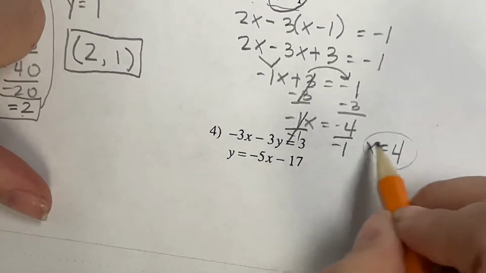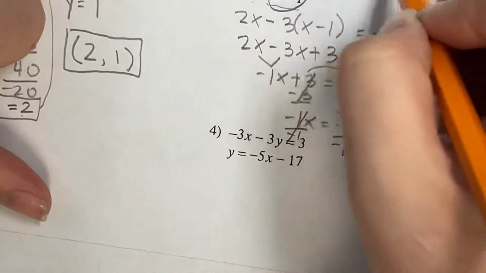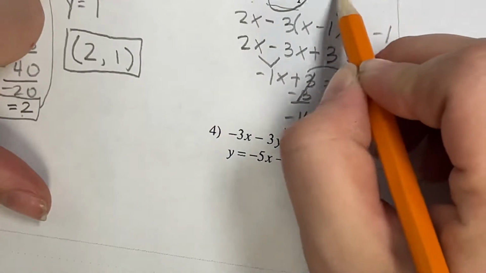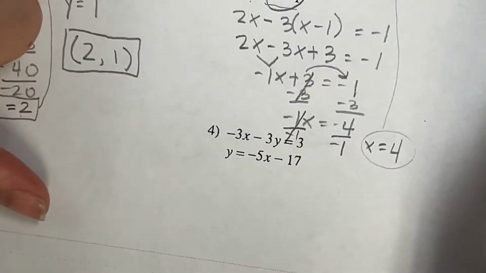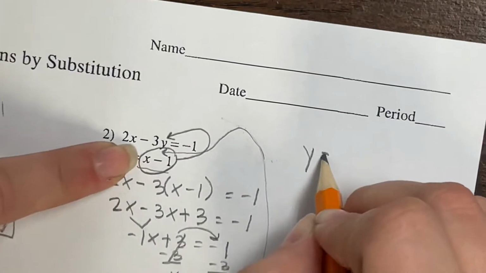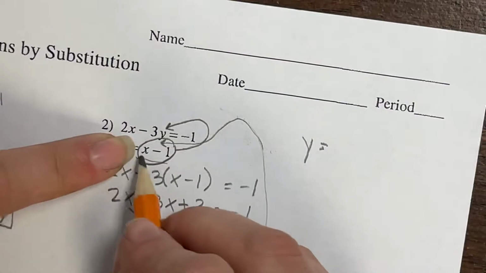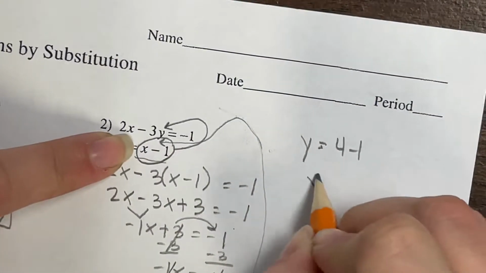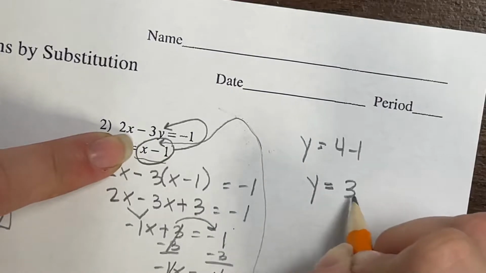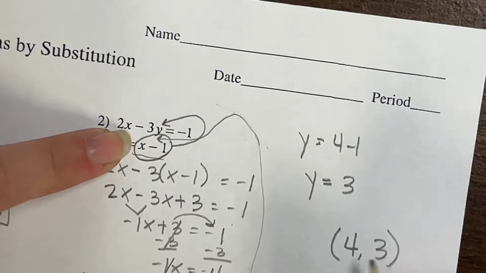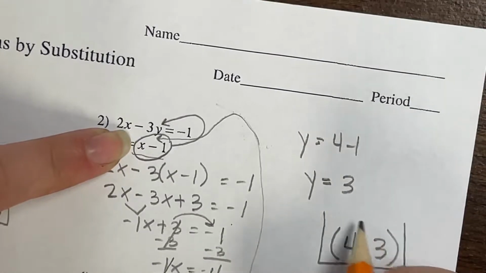We can take that 4 and plug it in. Actually, it might be easier to plug into the second one. So y equals, instead of x minus 1, x is 4, so 4 minus 1. And that will make us discover y is 3. Write it as an ordered pair. That is our solution.